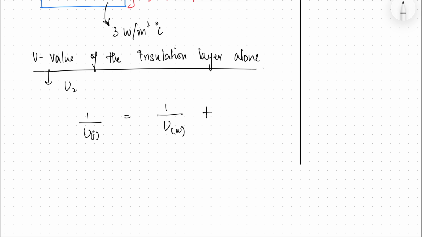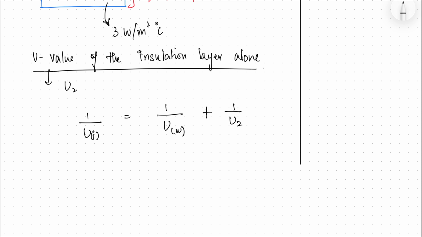Since we know that U value is not additive, again we have to use the reverse way. The thermal resistance of the insulated roof would be equal to the thermal resistance of the roof without insulation plus the thermal resistance of the insulation layer.